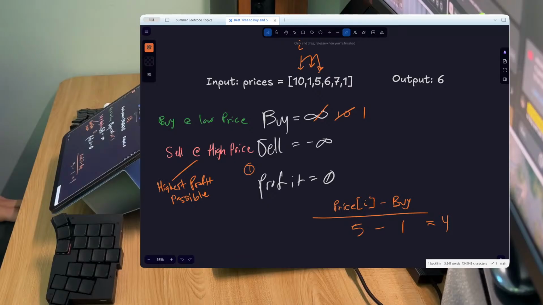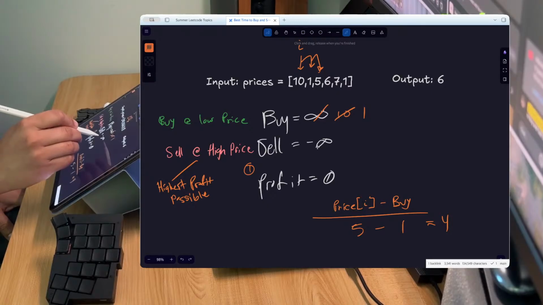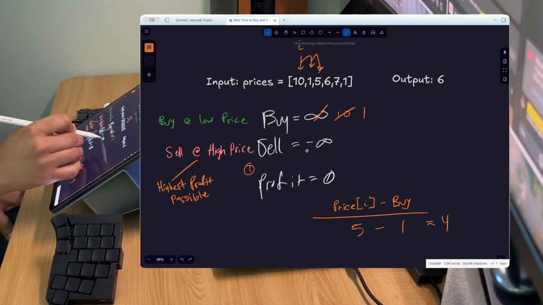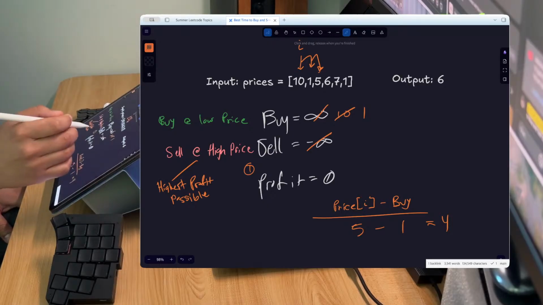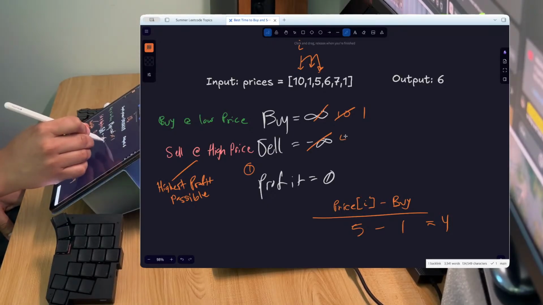So we bought yesterday at $1. We sold today for 5. We made a profit of 4. So 4 is going to be our highest profit thus far. Initially, our highest profit was negative infinity. And so now it's 4.